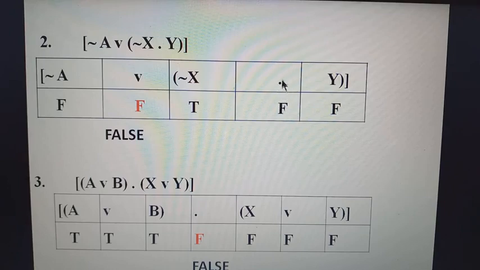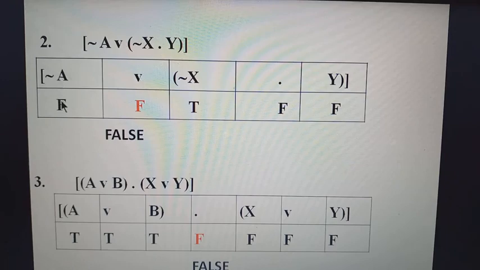You combine the value of this parenthesis, which is false, with this negation A, which is false, to get the value of the whole bracket. It's a disjunction.